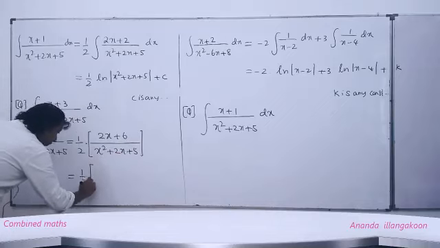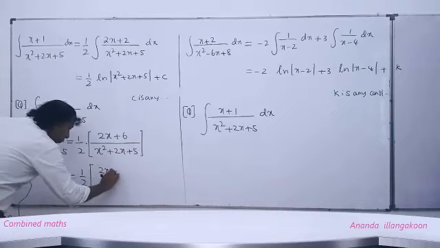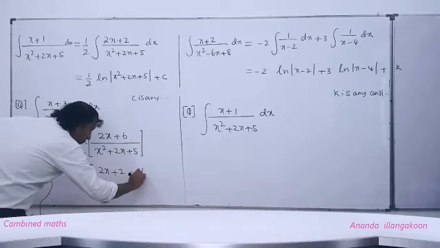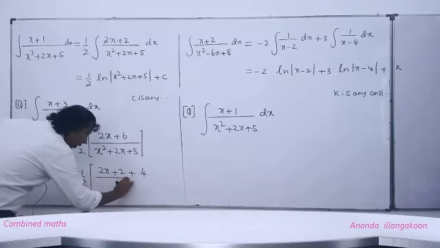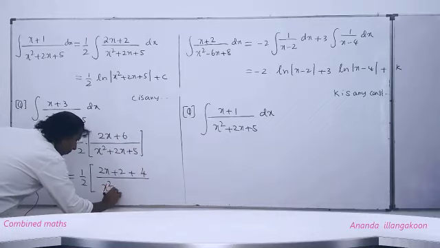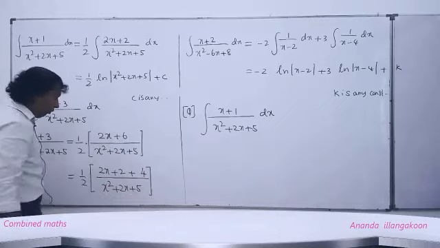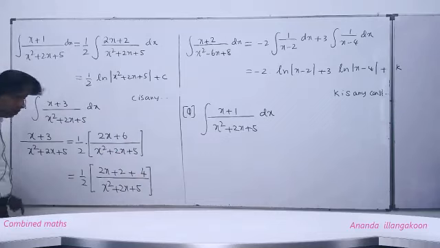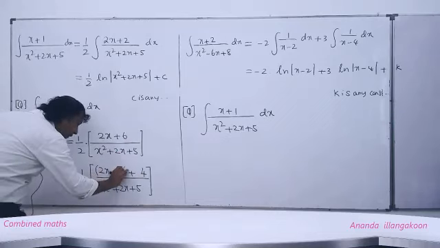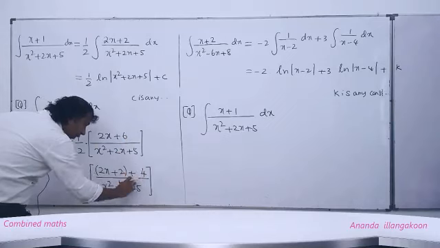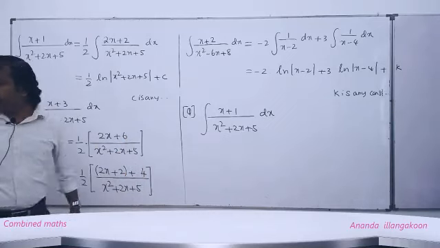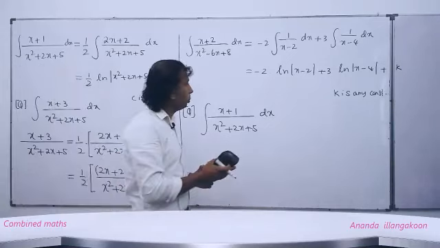Half (2x plus 2 plus 4) divided by this whole thing. This way. Now this thing we break up, this divided by this and this divided by this. That way now you can write it.